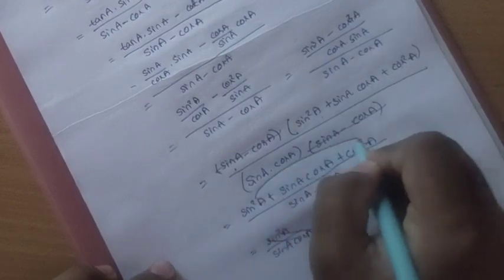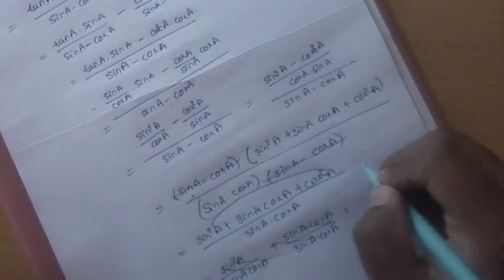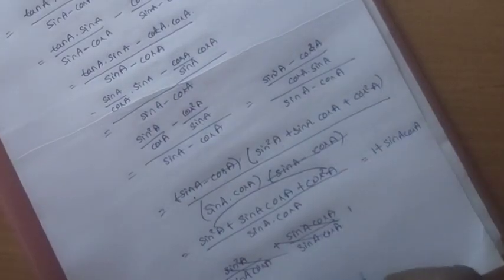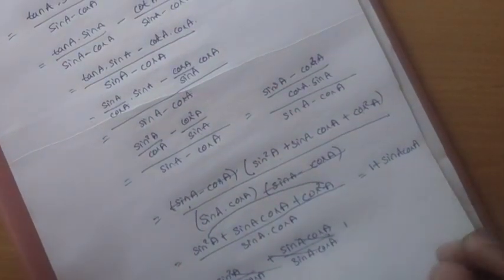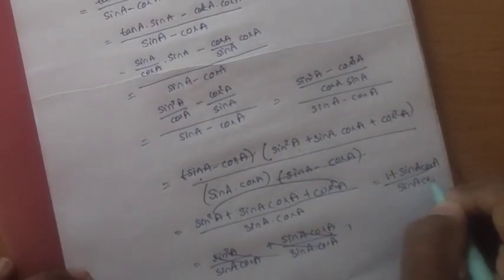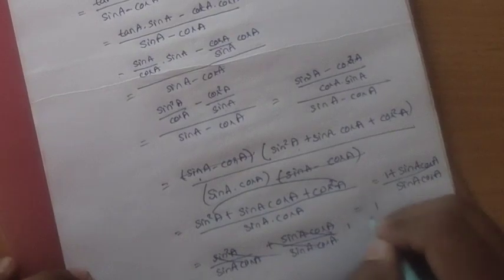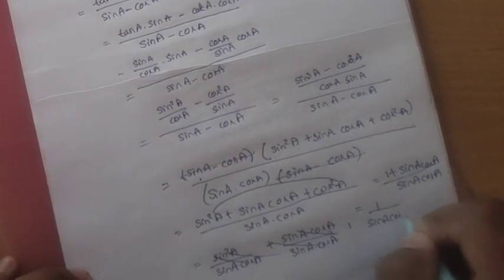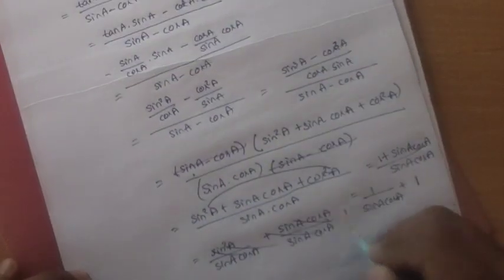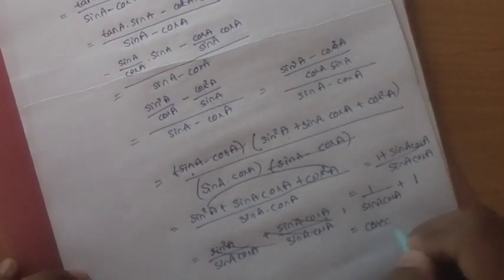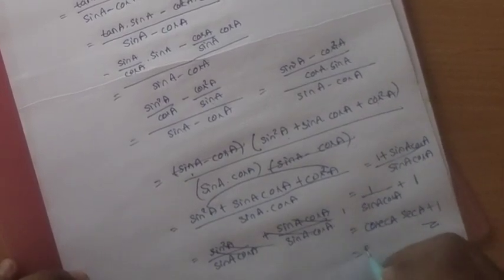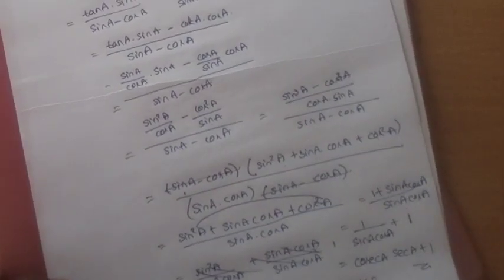If you observe here, sin square a plus cos square a can be written as 1, plus sin a cos a, so (1 plus sin a cos a) divided by sin a cos a. Got it? So 1 divided by sin a cos a, plus sin a cos a by sin a cos a cancels and the remaining will be 1. So 1 by sin means cosecant a, 1 by cos means secant a, plus 1. So this is your RHS. This is what you need to prove.